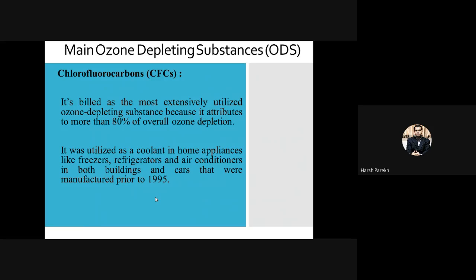So now let's see what chlorofluorocarbon is. It's the most extensively utilized ozone depletion substance because it contributes more than 80% of overall ozone depletion.